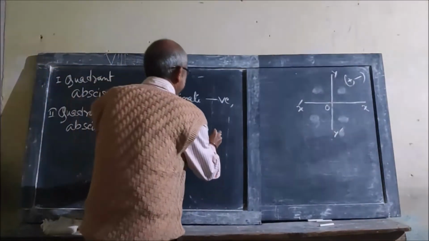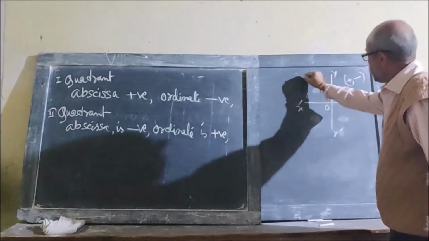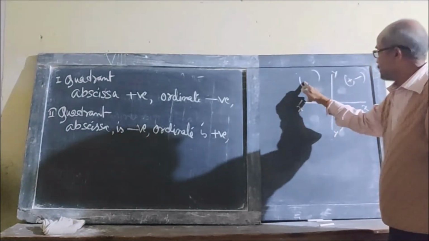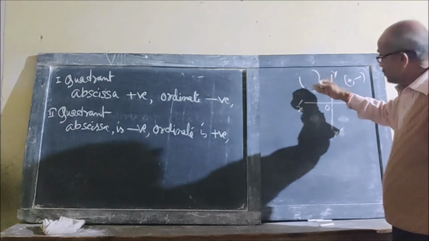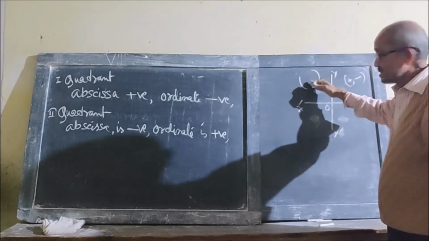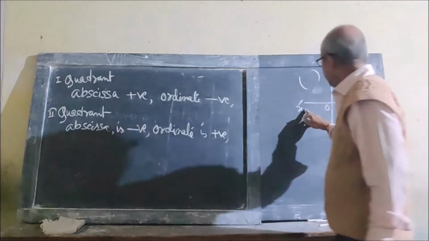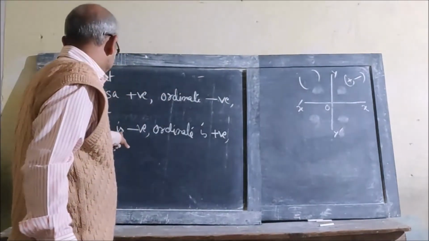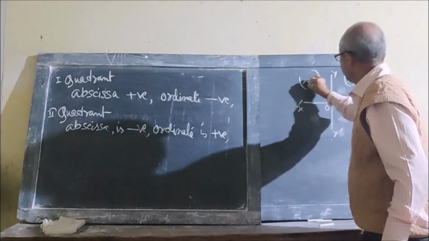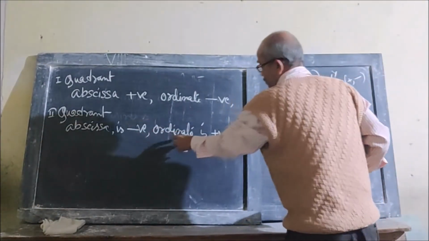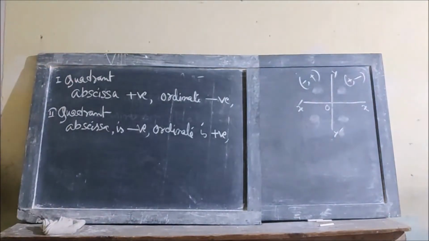The abscissa means the first one indicates the x-axis and the next one, the ordinate, indicates the y-axis. In the second quadrant, the abscissa is negative, and the ordinate is positive.